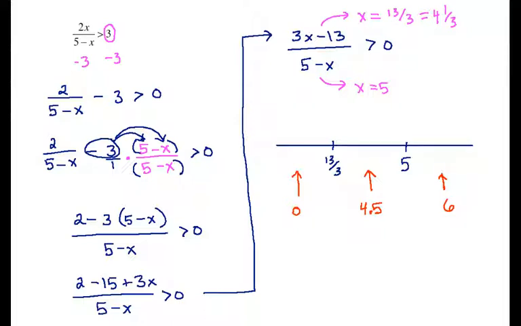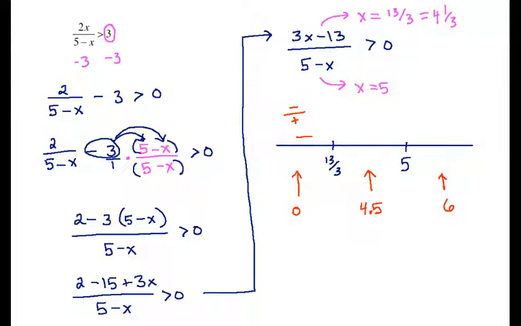And now let's analyze the signs of each of these intervals. If x is 0, I'm going to have a negative factor on top and a positive factor on the bottom, which means that the overall sign is negative.